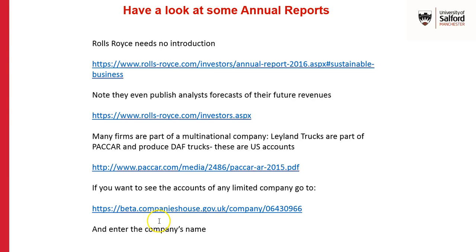It's quite interesting. And there you go, you'll find filed there the profit and loss account and balance sheet and some notes. For smaller companies, the reporting requirements are considerably less than, say, for Rolls-Royce. Rolls-Royce accounts will stretch to 200 pages or so.